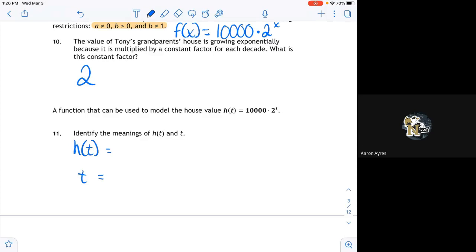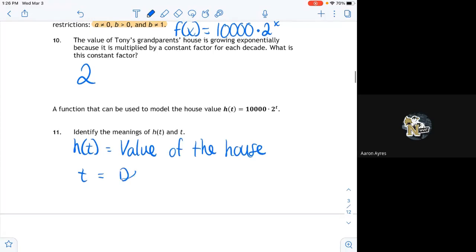The value of the house. t is the decade since 1960, right? Decades. We okay?